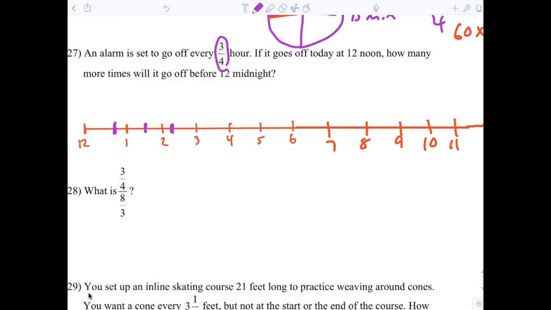So then it's going to go off what? 2:15. Shh, leave her alone. You're visualizing, guys. I mean this. If you're not sitting here doing the clock with me, you're making a huge mistake. All right, at 2:15 in 45 minutes is going to be what time? 2:15 if I add 45 minutes.